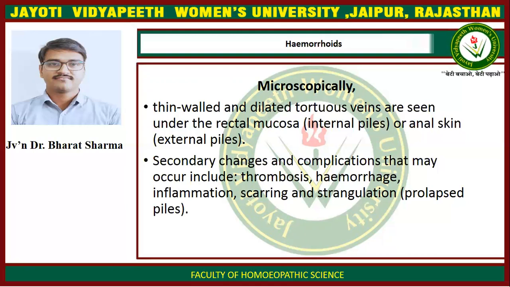So when seen microscopically in the rectal mucosa, it is internal piles, and when seen in anal skin, it is external piles. Secondary changes and complications that may occur include thrombosis, hemorrhage, inflammation, scarring, and strangulation, that is, prolapsed piles.